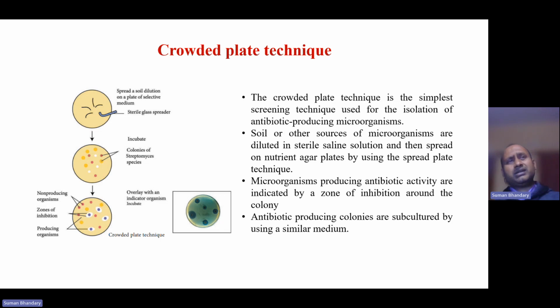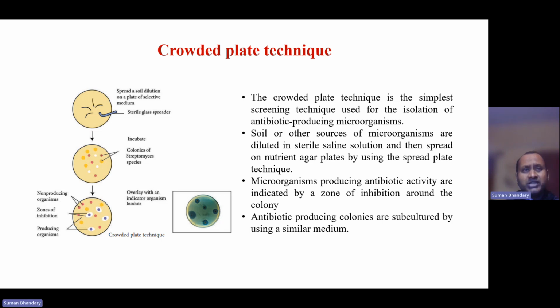However, this crowded plate technique has limited applications, as it will not give indication of antibiotic producing organism against the desired organism. So this technique has been improved later on by employing test microorganism to know the specific inhibitory activity of the antibiotic.